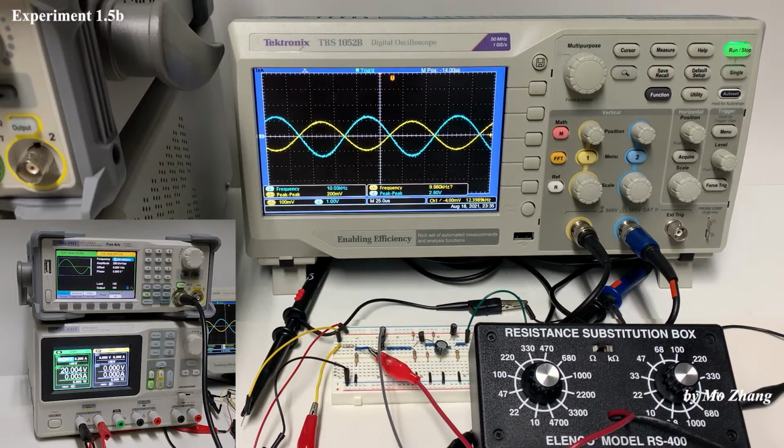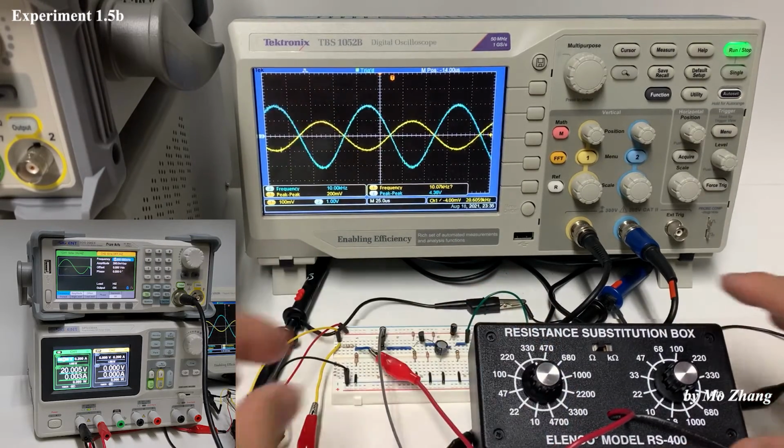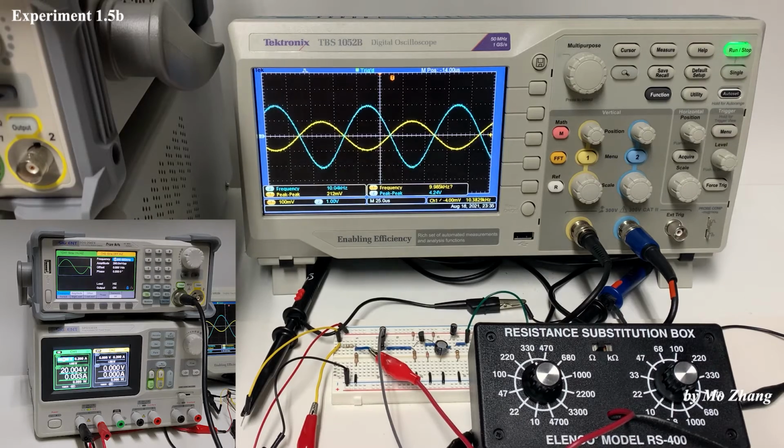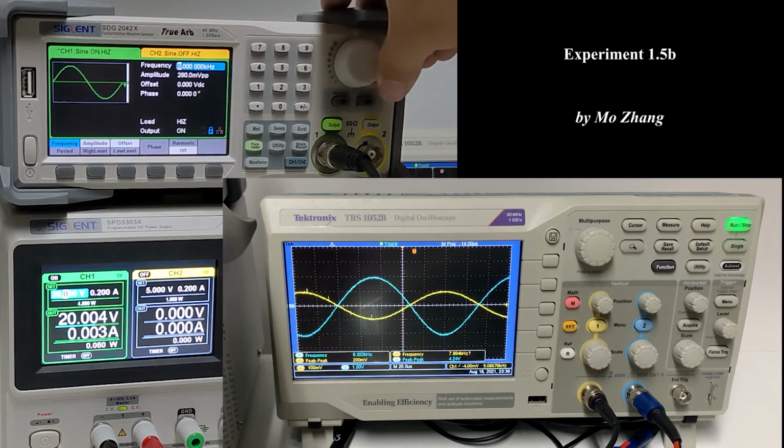In other words, now we are going to find the frequency response for RS equal to 330 ohm. The resistance substitution box has been set to 330 ohm. Now we can begin this experiment. The same as experiment 1.3, we begin with a very small frequency, such as 10 Hz.